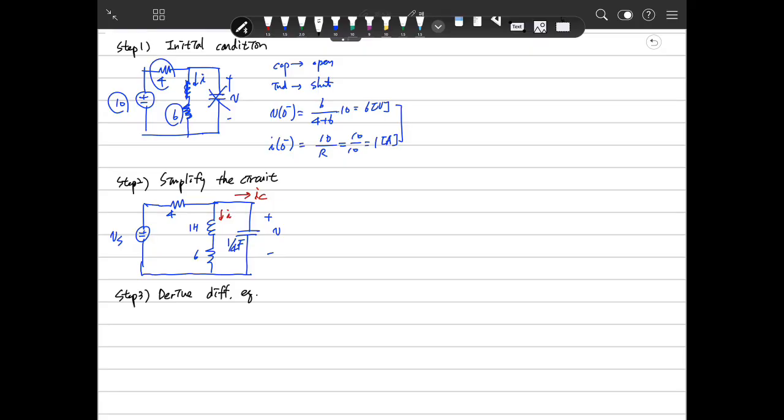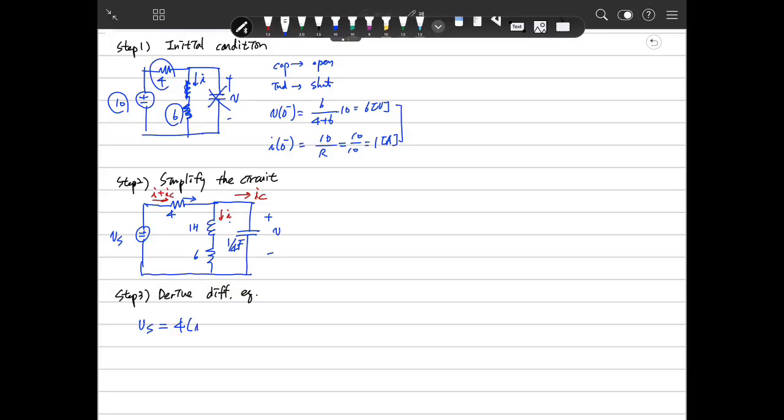So we can do that here. From here, Vs will be the same way. This current is the sum of I and IC, so this current will be I plus IC.